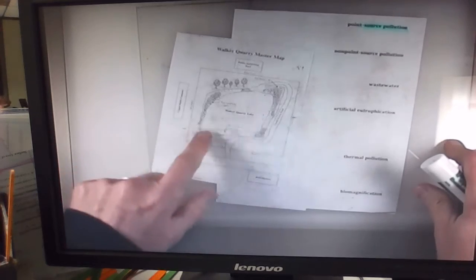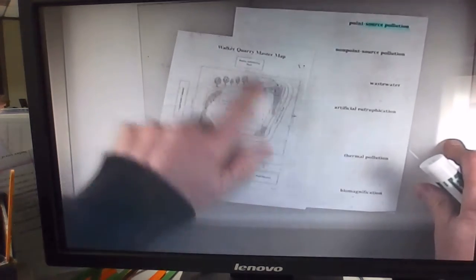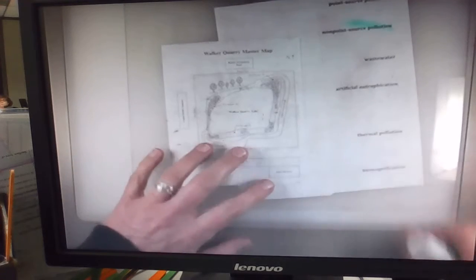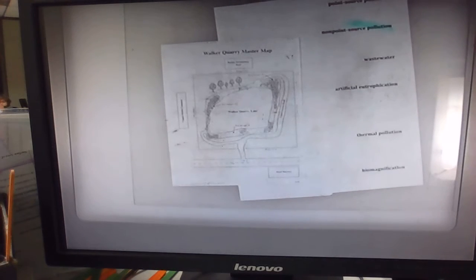And we're going to give ourselves an example of point source pollution on our little diagram, the Walker-Corey master map. So go ahead and grab that.